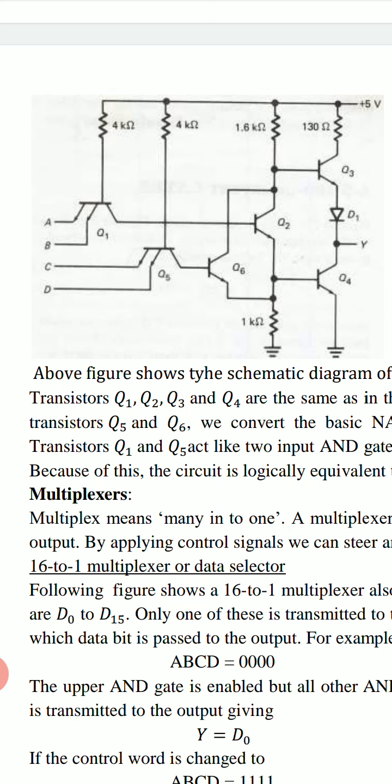These 2 emitters of transistor Q5 with 4 kilo ohm resistance behave as another 2 input AND gate, and this AND gate will produce output equal to CD.